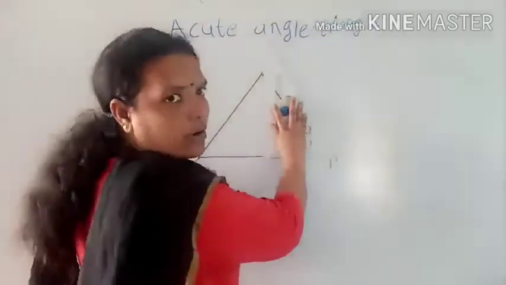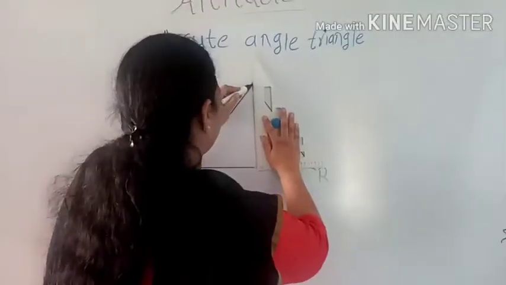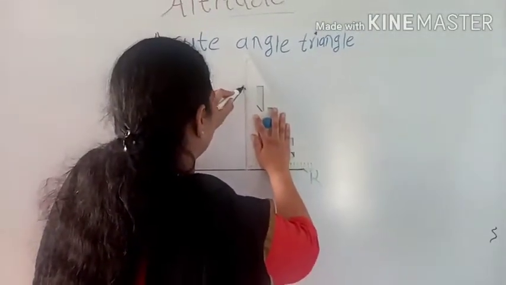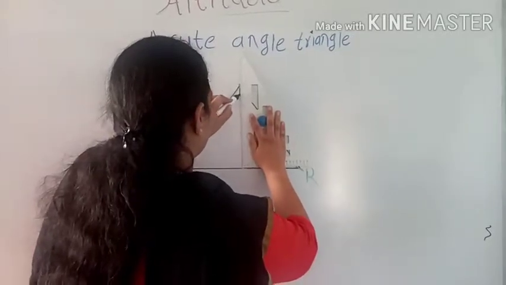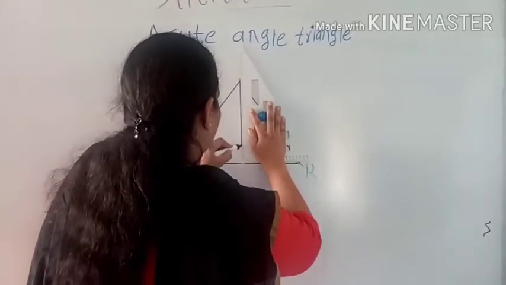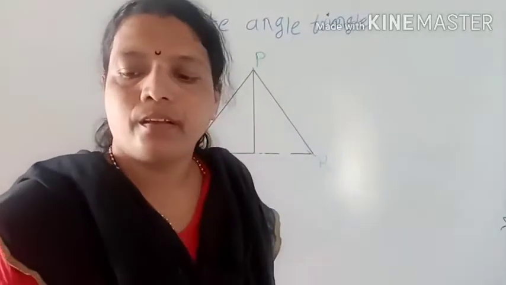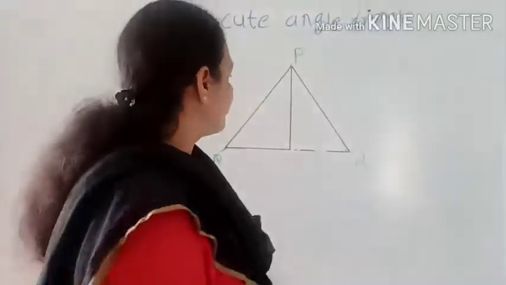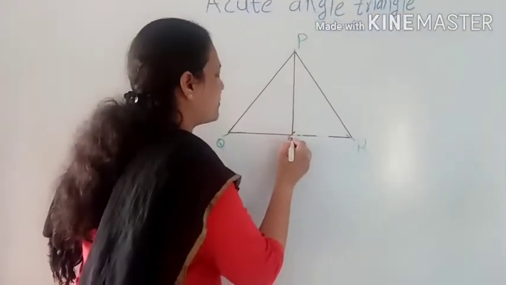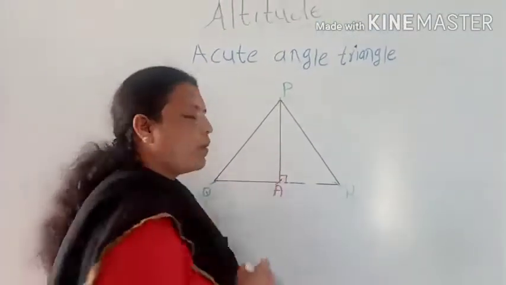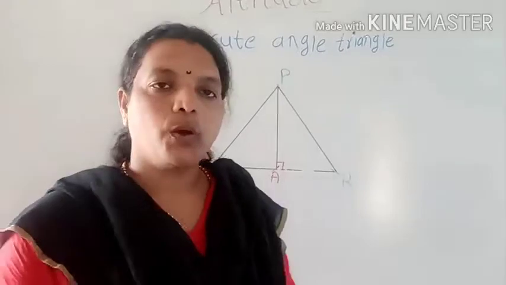So now we will draw the altitude. We will give any name, so I will take here A. Now PA is perpendicular to QR.